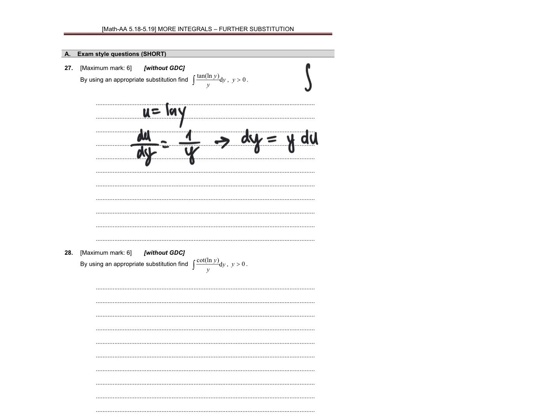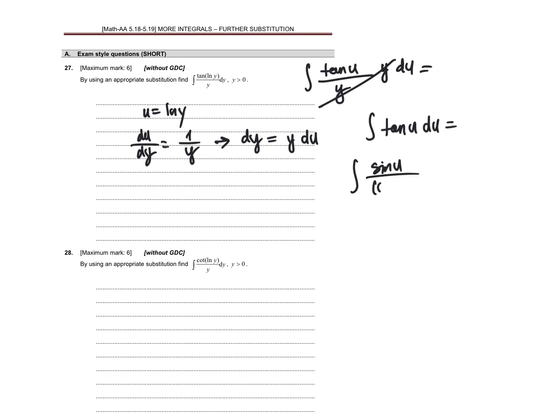So we're going to have tangent u over y times dy, which is y du, and those cancel. So we have just tangent u du, and we don't have an integral for tangent, so we have to write this with sine over cosine.